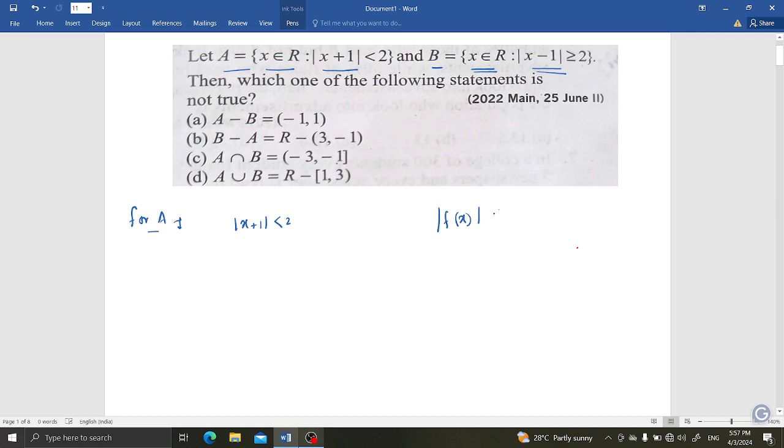If we have the condition mod of f of x less than a, then the value of f of x has to be in between minus a to a. Same thing we have here: x plus 1 has to be in between minus 2 to 2. So x has to be in between minus 3 to 1. It implies that the set A is minus 3 to 1. This is your set A.